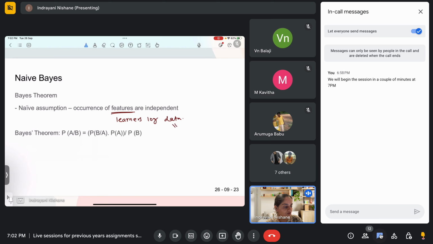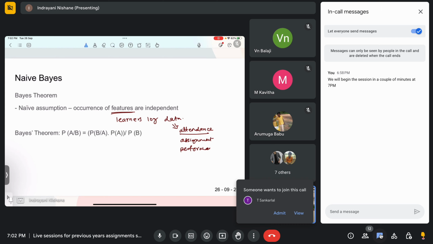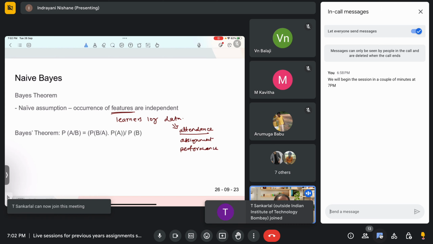These features may include their attendance in classes, the assignments which they are solving, their performance in tests, and so on.